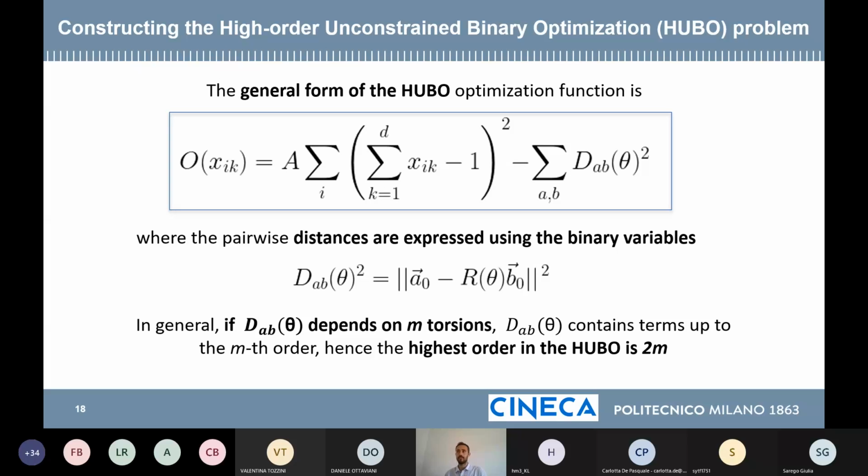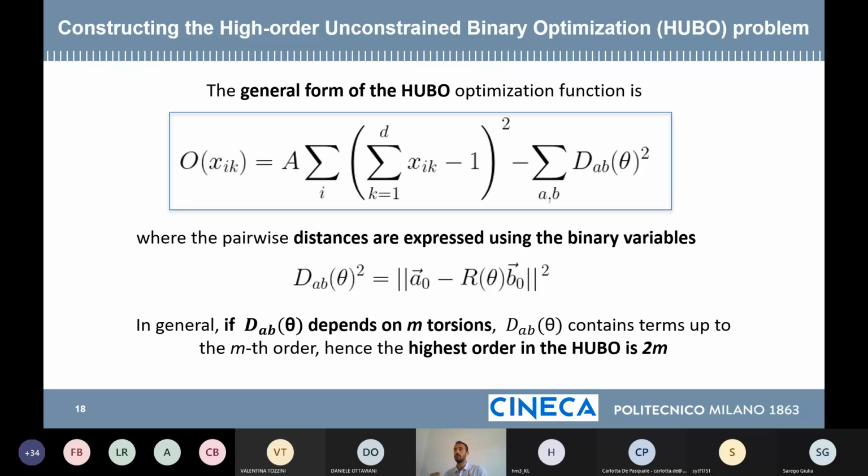So it was probably a question also of some days ago. So you can formulate this problem into a binary problem, but the thing is that you can do it using higher order terms. But there is always the trick that tells you if you have high order terms, you can split them into terms that are linear and quadratic.